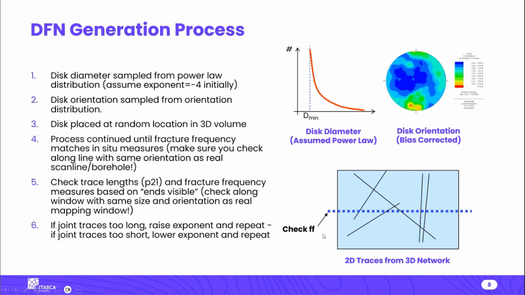You check the fracture frequency, and maybe it's not correct. You can change the size distribution depending on which way you were wrong. Because again, often you have a good idea about what the orientation distribution is, a less good idea about what the size distribution is. So this is probably the parameter you're changing to try and get a better match.